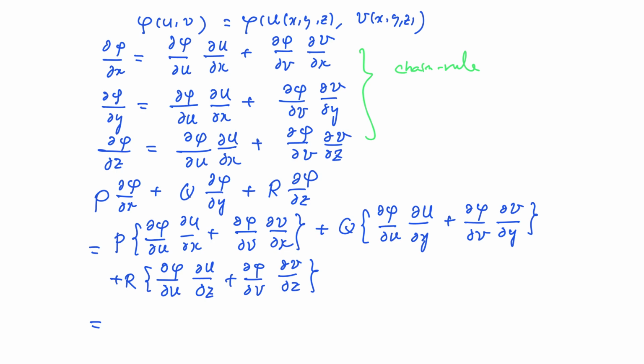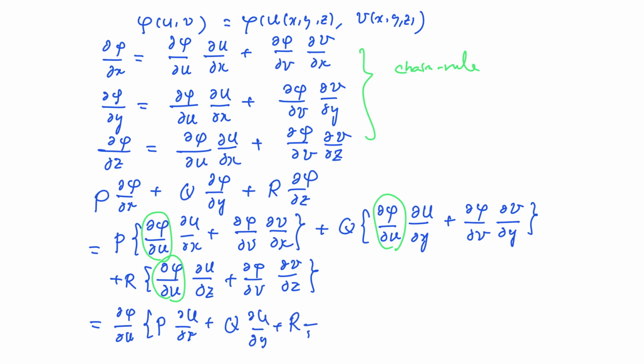So let's try to have a common factor, partial phi over partial u, first. Then we have partial phi over partial u times (P partial u over partial x plus Q partial u over partial y plus R partial u over partial z), and this is a common factor too, right?